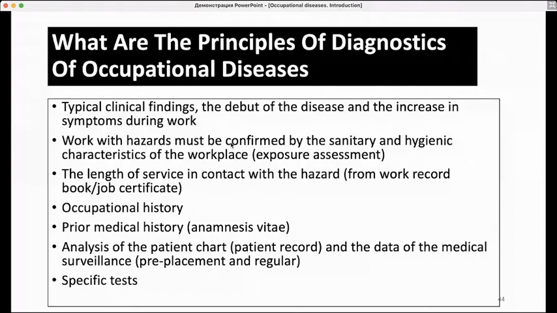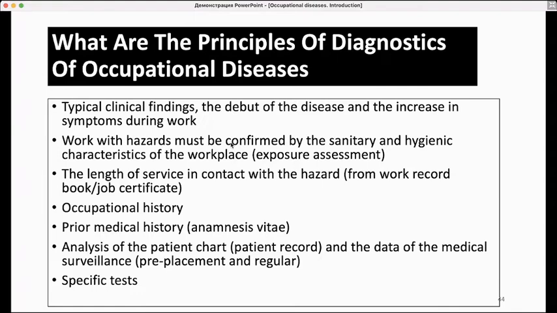And we need to say that workers that work in a specific job can have similar diseases or disorders. If they work and are exposed to dust, they will get some kind of pulmonary diseases.